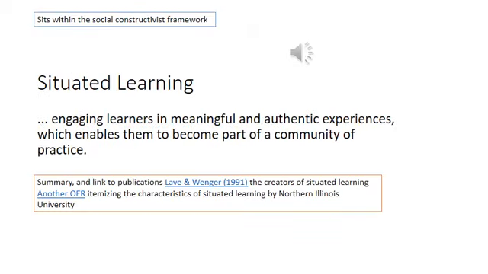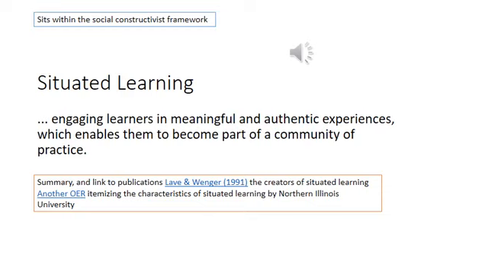Now, this is where things become a little bit tricky in relationship with our hierarchies of theories, paradigms, models. So, in my opinion, situated learning is a model that sits within the social constructivist framework. However, people might disagree with me.